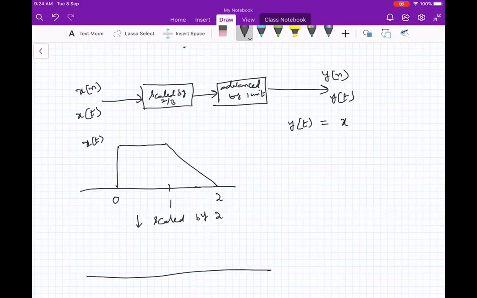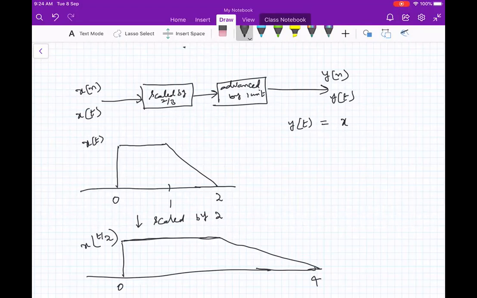That means it varies from 0 to 4. That is what I mean here by scaled by 2 times. So how do I write this? x of t by 2. Yes, this is the terminology I am using here.